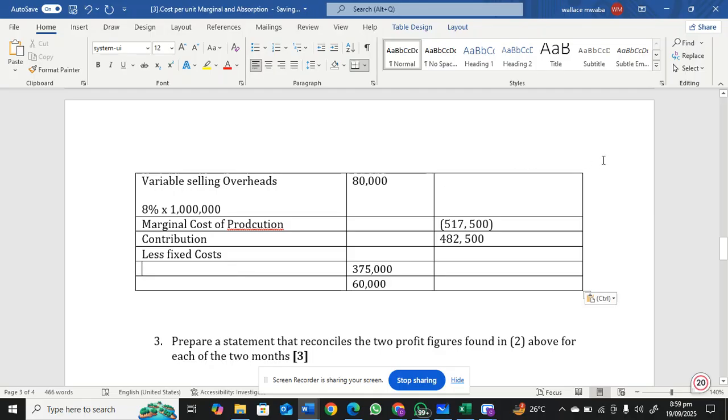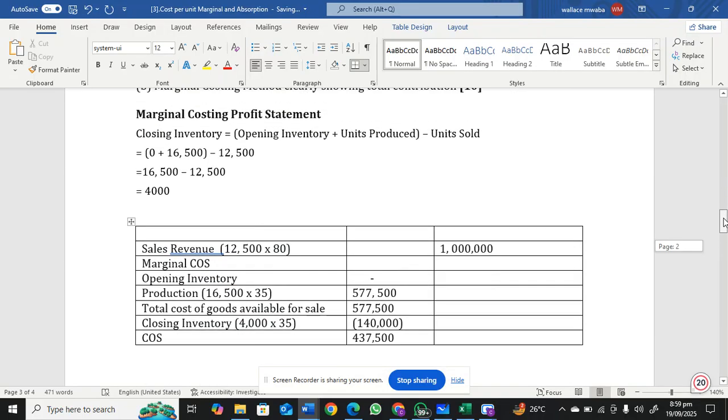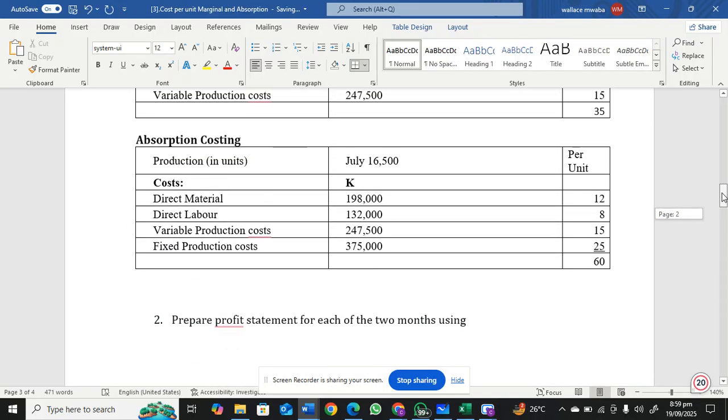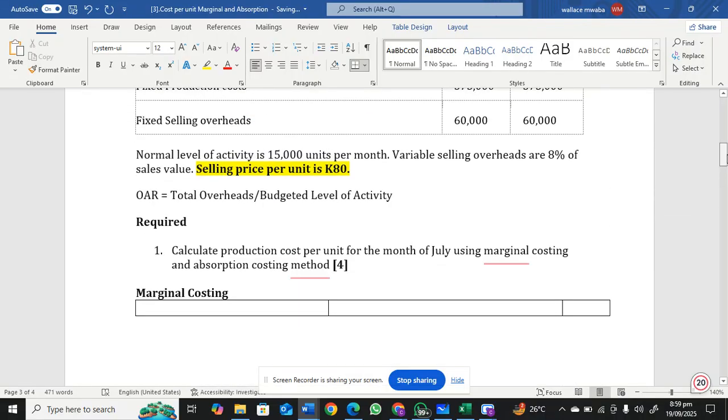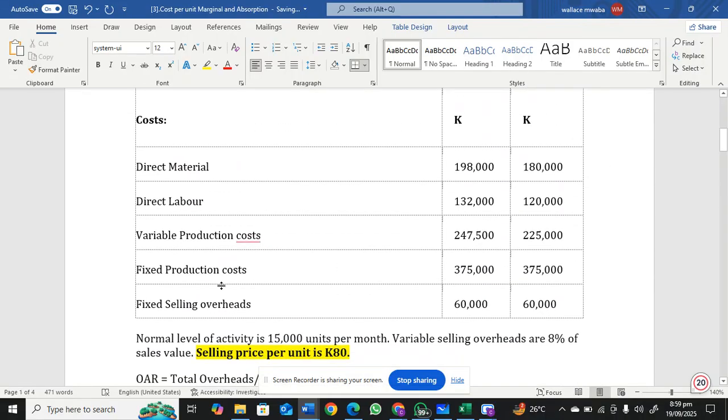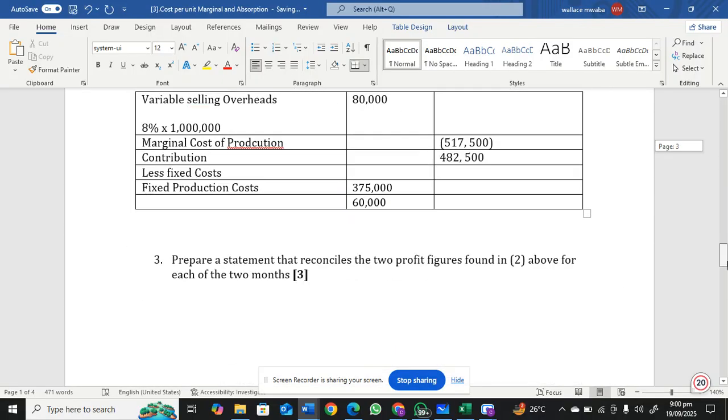Because remember, fixed production costs and any non-manufacturing costs are treated as periodical costs. So these are the fixed selling overheads.